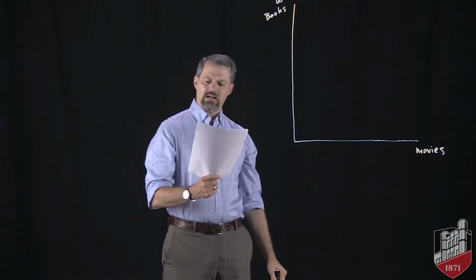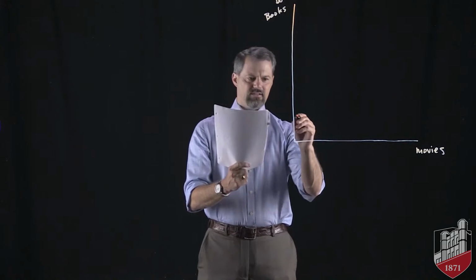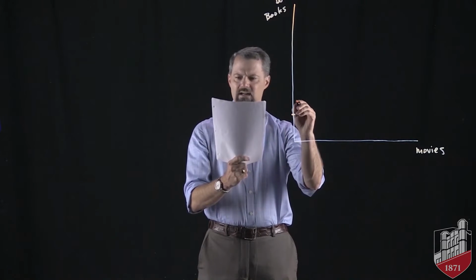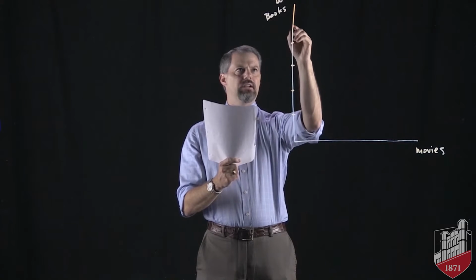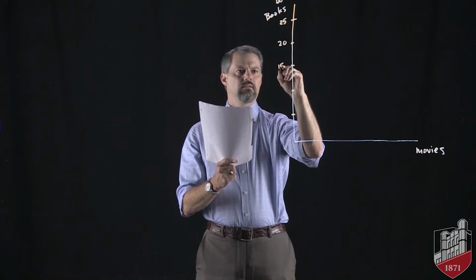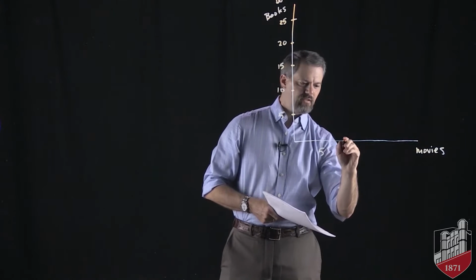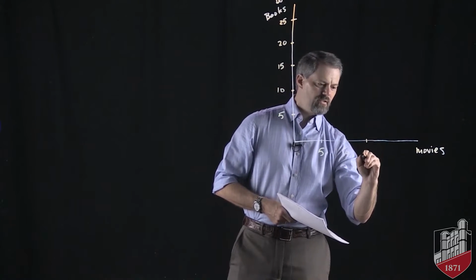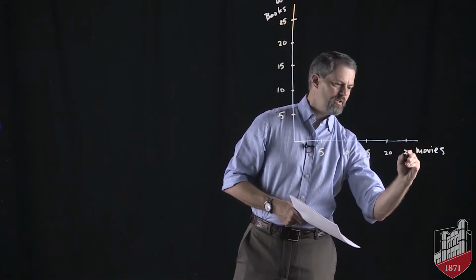And let's put some tick marks on our axes here. Let's make these go up by 5: 5, 10, 15, 20, 25. And let's do the same thing with our horizontal axis: 5, 10, 15, 20, 25.